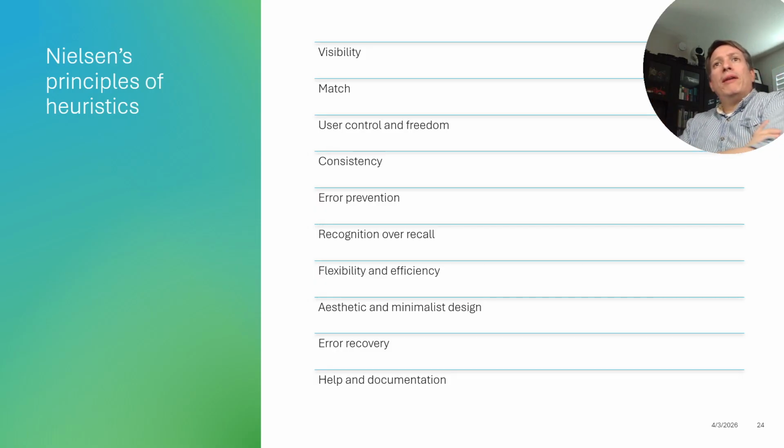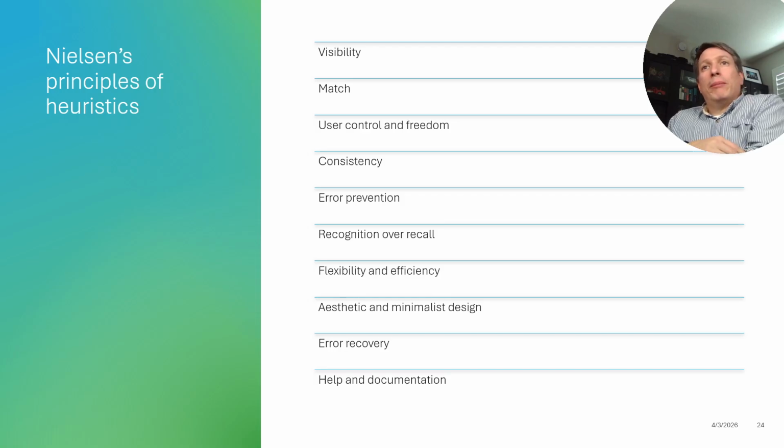We also want to be flexible and efficient, and you have used this a lot as a usability measure. This is shortcuts, how we allow expert users to go faster through the system.